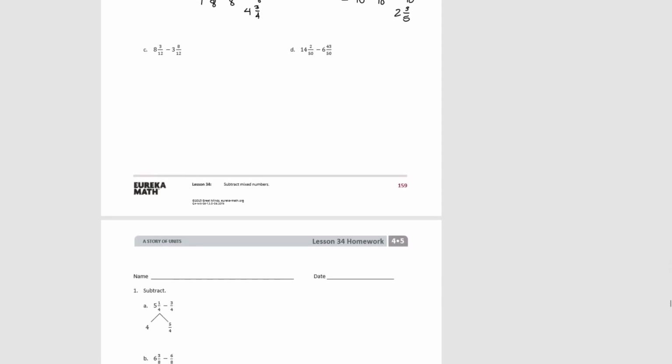Try C. Subtract the 1s, decompose the mixed number. Subtract 8/12. And try D. Subtract the whole numbers.